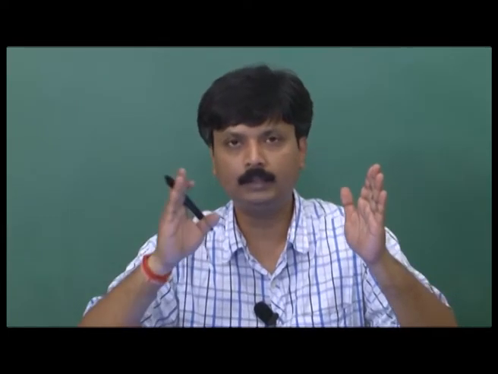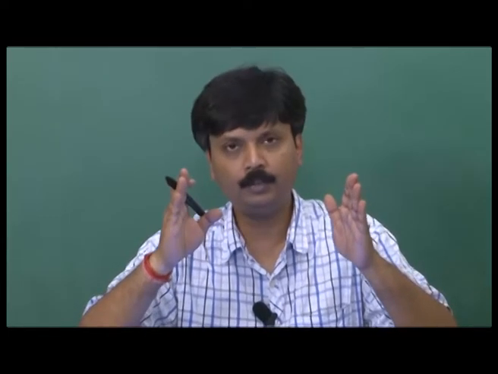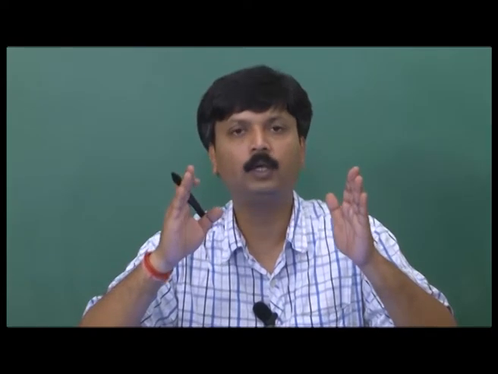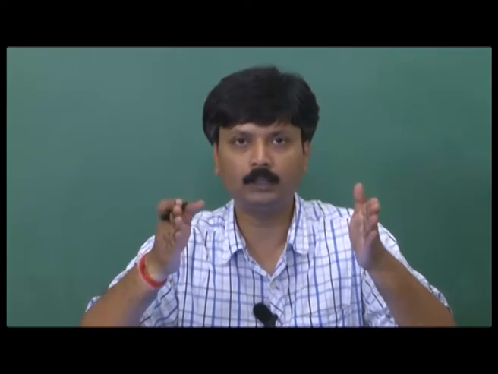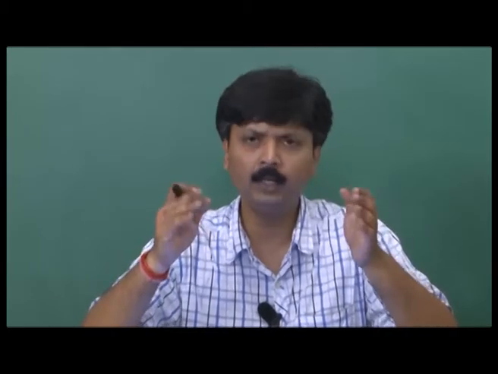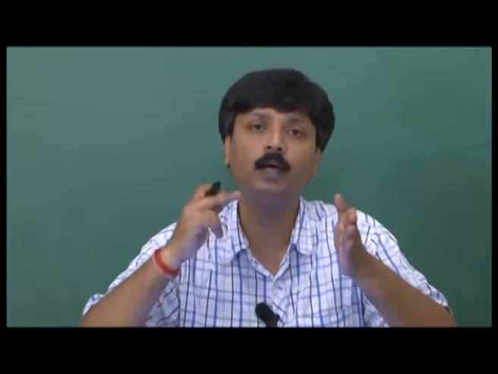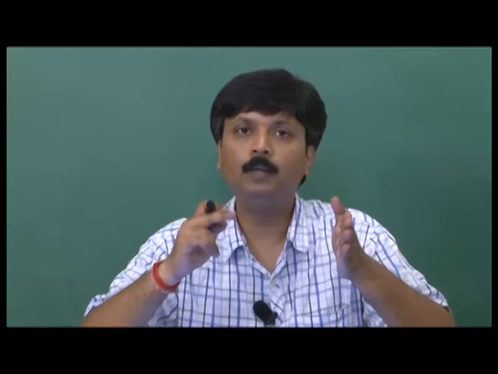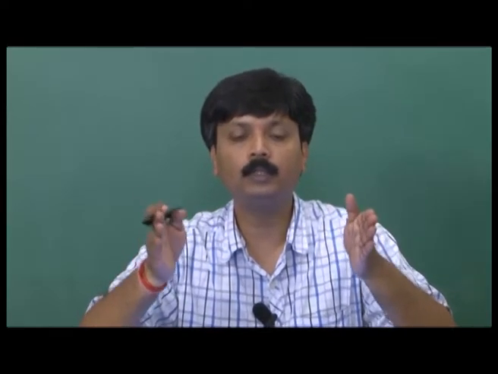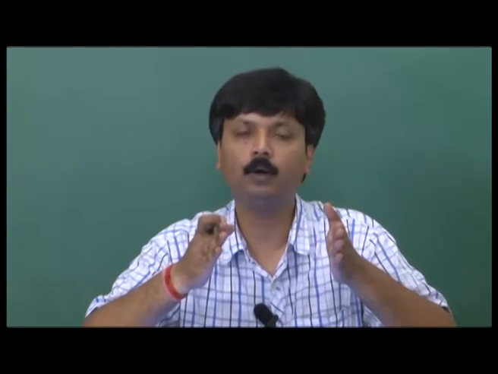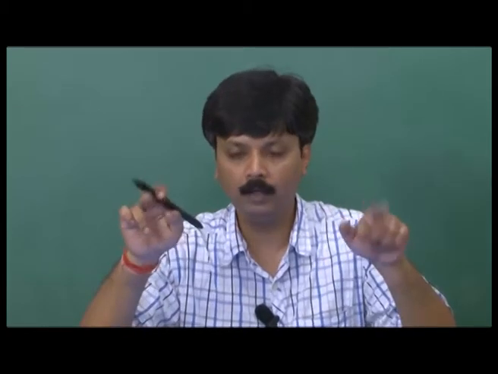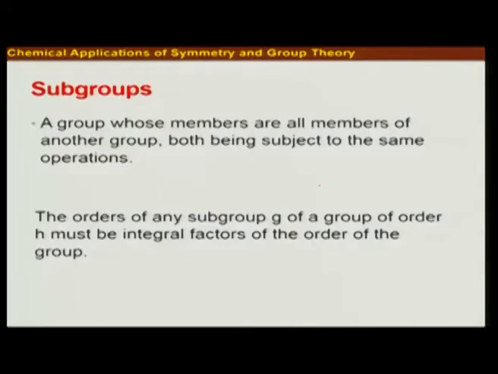Now out of these 6 elements in that group, if 3 of them form a group, that is possible. We will see how. In that case, this small subset of elements which satisfies the criteria of forming a group will be a subgroup of the main large group. That is, the group of order 3 which I was talking about will be a subgroup of the main group having order 6.